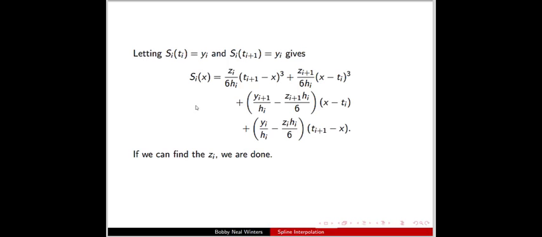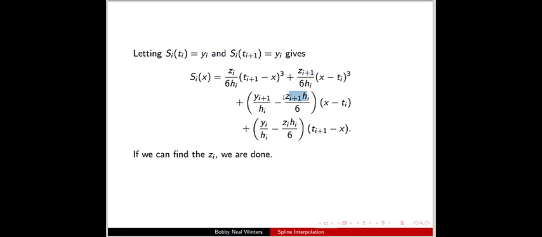Now we take those and bring in our values. We say s_i at t_i equals y_i, and s_i at t_{i+1} equals y_{i+1}. We roll those values in, and it will give us that s_i of x is equal to these values here. The only unknowns we're left with at this point are these z_i values.